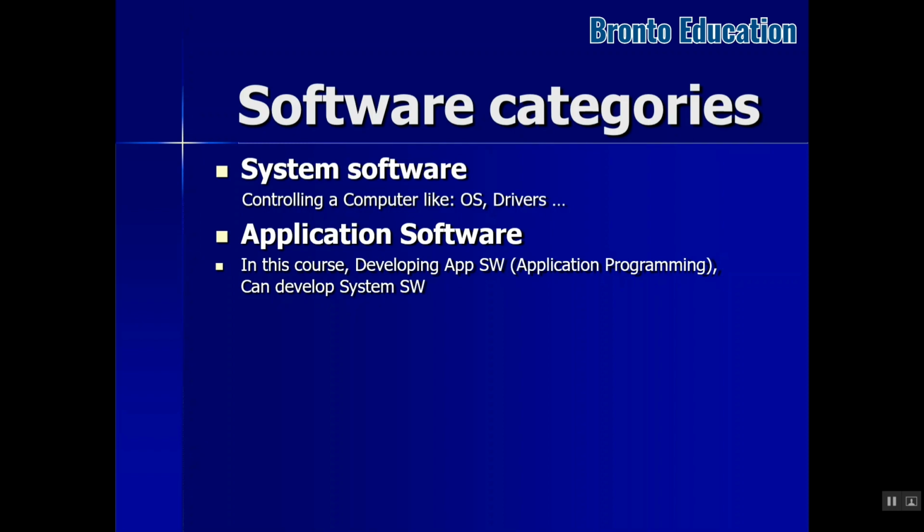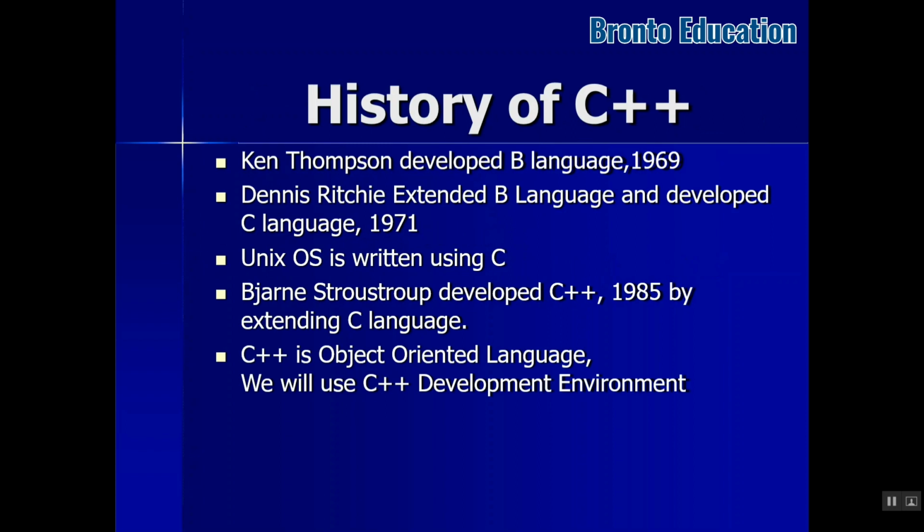For example, I'm going to install Dev C++, and we're going to talk about this a little bit later. That's the kind of software we install after having an operating system. For example, now I have Windows 10, so I'm going to install Dev C++. That is application software.